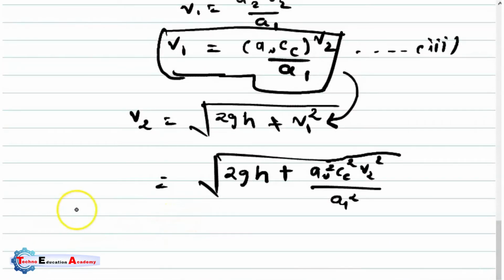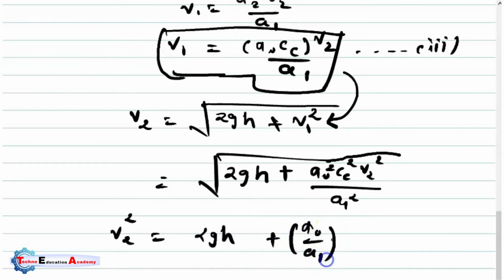Further simplifying, V2 square is equal to 2gh plus A0 by A1 whole square Cc square V2 square.